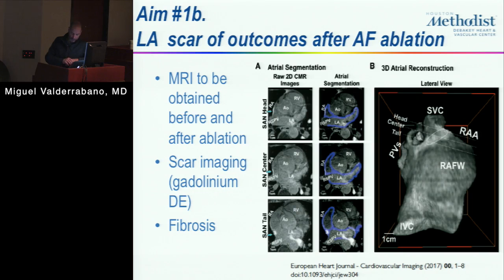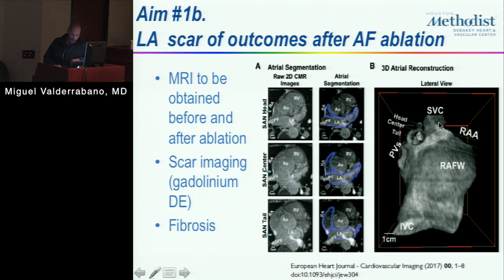The second aspect of the structural aim is with MRI, and this is in collaboration with Deepan Shah. The idea here is to do an MRI before and after ablation, look at the structural determinants of success, and whether it is the baseline structural changes or the remodeling after ablation. I came across this paper a couple of days ago, and Deepan, correct me if I'm wrong, but this is a gadolinium delayed enhancement MRI, and somehow they were able to do a 3D reconstruction of the fibrotic areas.